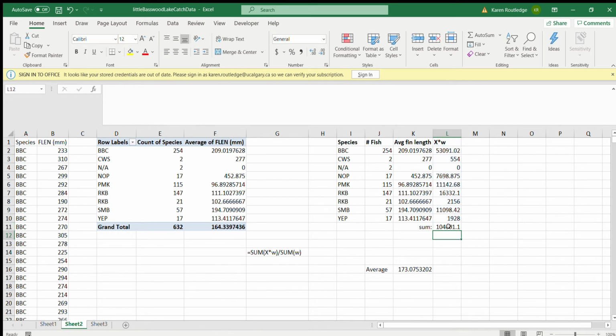So there's a number. So we can ask ourselves, well, what is the interpretation of x times w? And what is the interpretation of the sum of x times w? And honestly, there is no real physical interpretation. When we're done with this, we will have a weighted average, but the x times w component and the sum of x times w doesn't really have any convenient way to think about it.